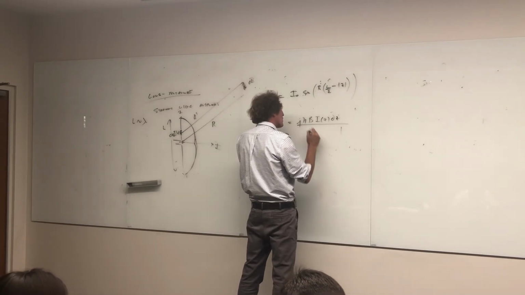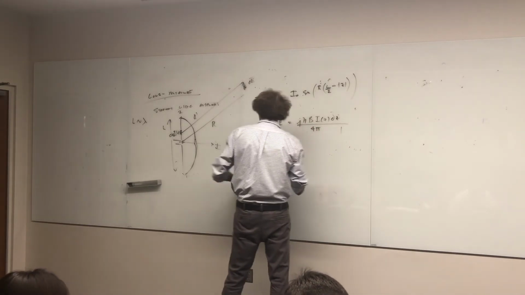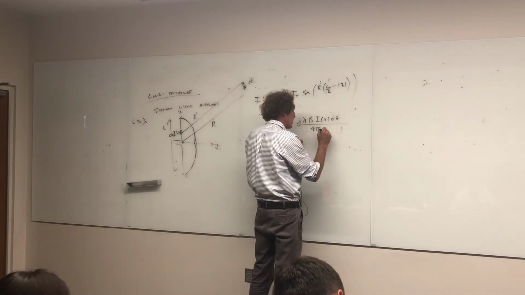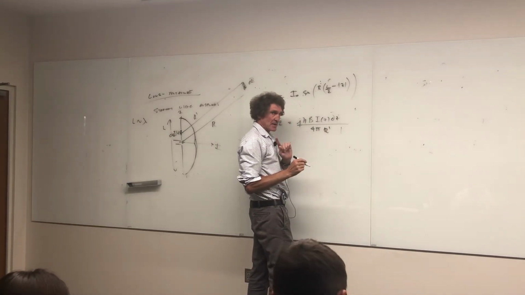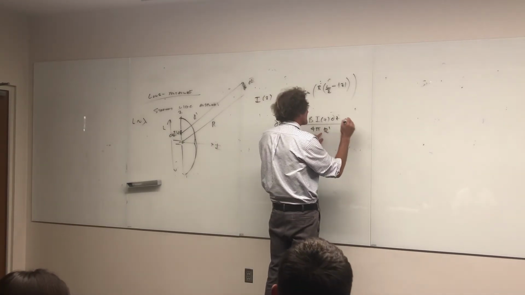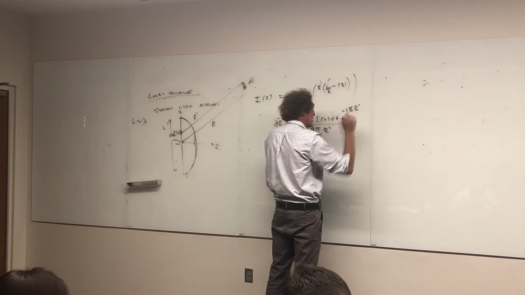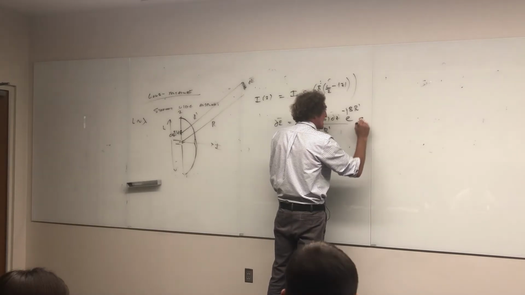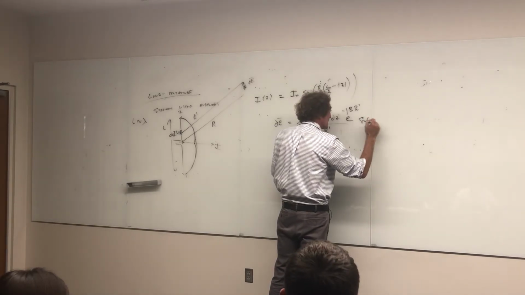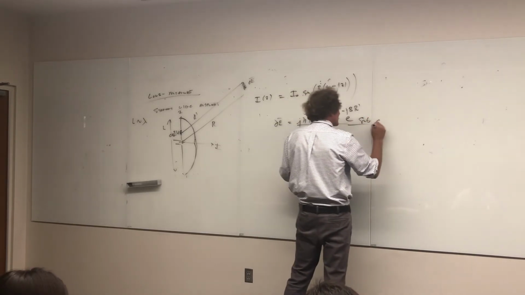It's over 4 pi, and it's really r prime, but you're going to see r prime and r about the same magnitude-wise. Then it's going to be times e to the minus j beta r prime here, and it's got a sine theta variation, and it's in the a theta direction.